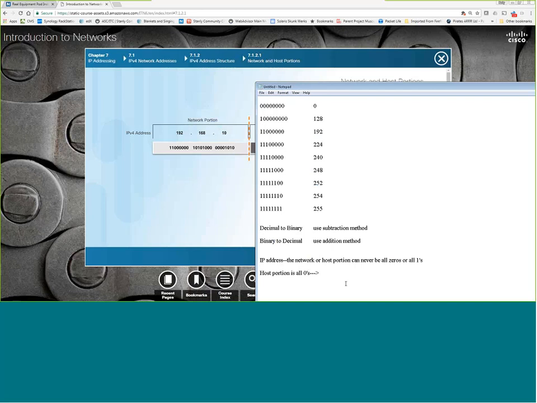The host portion is all zeros. That's the network or the subnetwork ID. What if the host portion is all ones? That's your broadcast. Then that is your network or subnetwork broadcast ID. Very good. And by the way, that's why you can't have the host portion all ones or all zeros. We now can have the subnetwork portion all zeros, but we don't typically have the network portion all zeros.